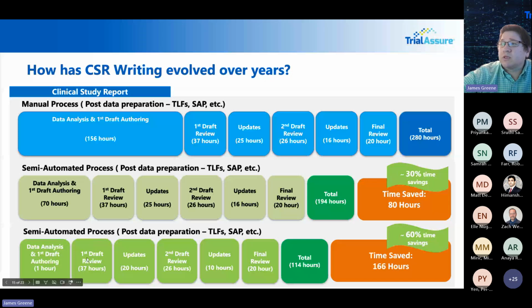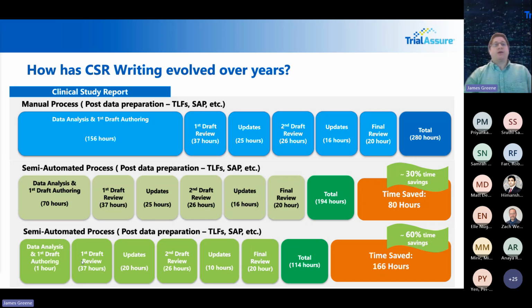Yes, so I believe that was the typical cross-functional review of the first draft, was the 37 hours. So as you'll notice, and I'll bring that screen back up, this has the same amount of time pretty much across all areas of development for that first draft review, but you are getting that big saving in the actual analysis and first draft authoring.